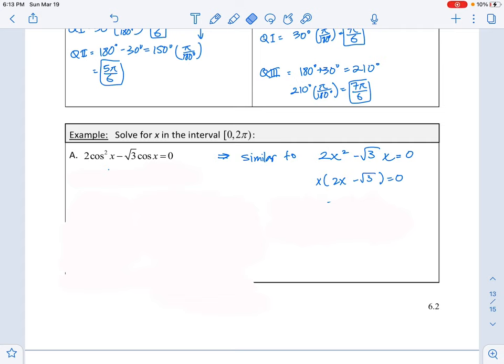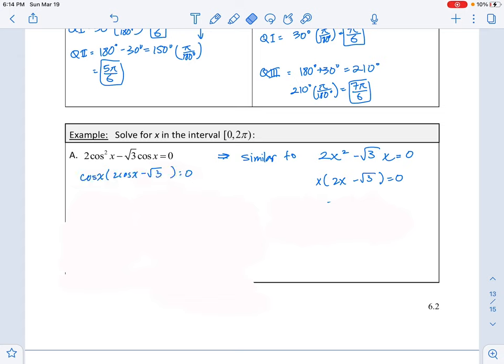I'm replacing my cosine x with the variable x, and I can see it's more like a quadratic equation, and I would take out a GCF of x. If I wanted to continue that, you can solve by setting x equal to 0 and 2x minus root 3 equals 0. So with that, we're going to do it with cosine in the problem.